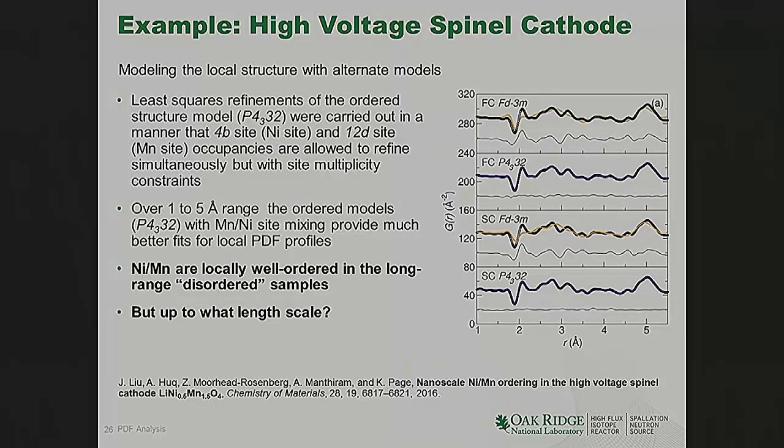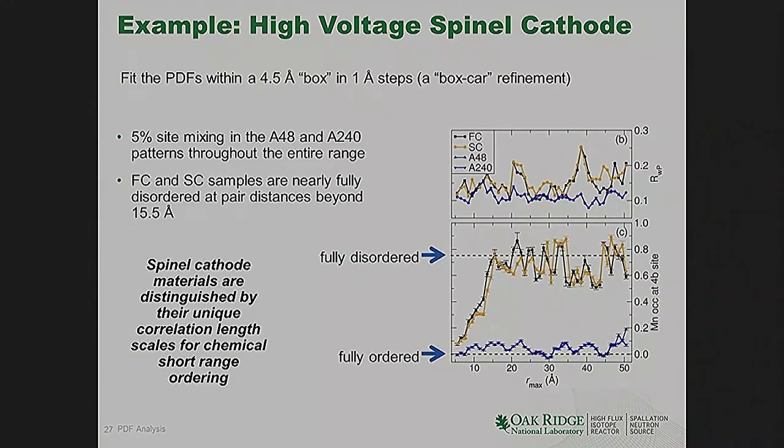Okay, so looking at the fast-cooled and slow-cooled models where I know the average structure is no good locally, I can apply that cation-ordered model. And if I do that as a function of real space, so I take that model and apply it across the whole real space range, I'm refining the occupancies as I go. What you see really clearly is that over 50 angstroms, these annealed samples are fully ordered.